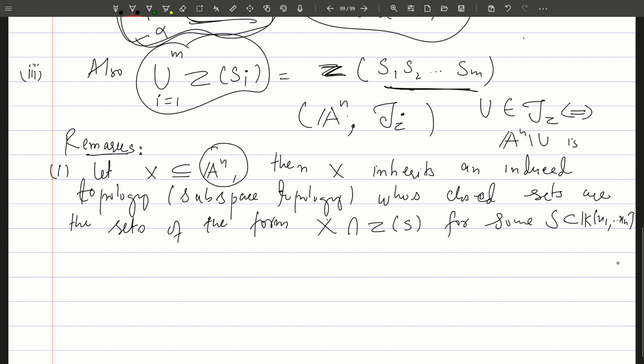So it is called the Zariski topology on X. I mean the subspace topology.